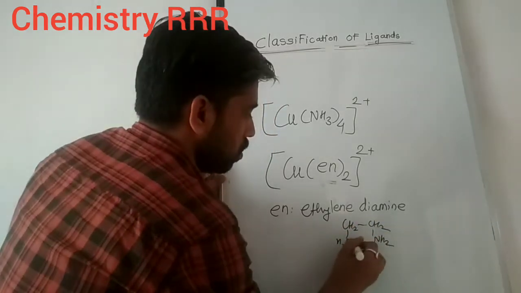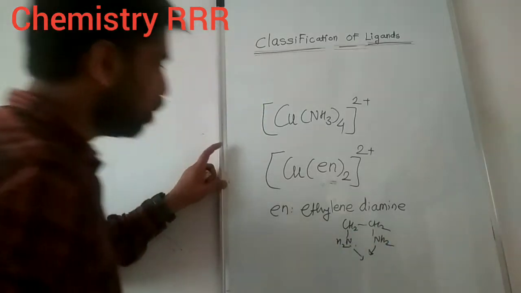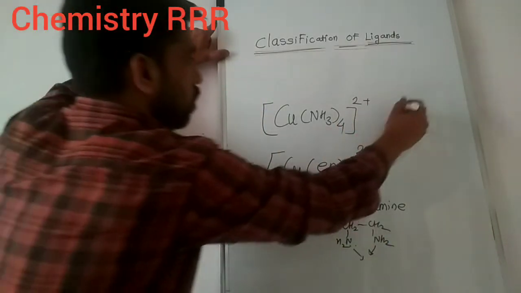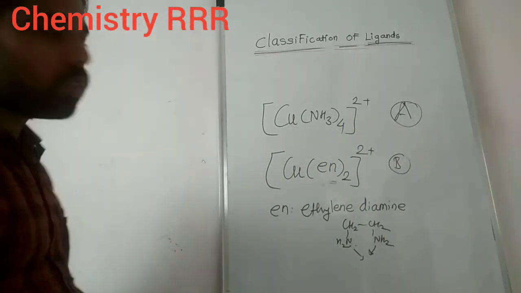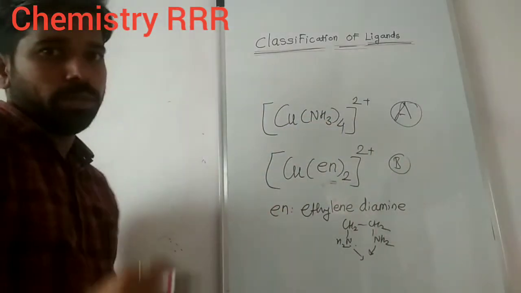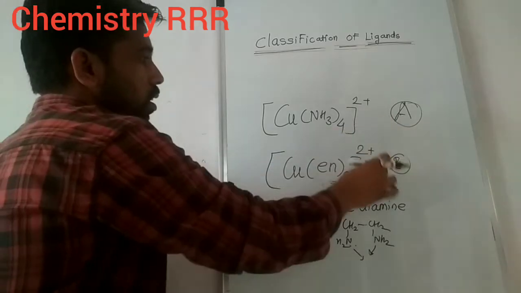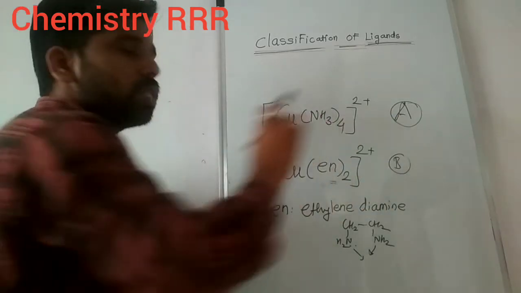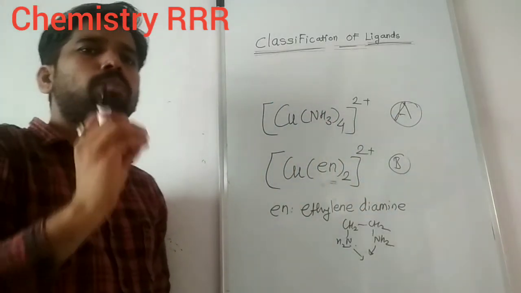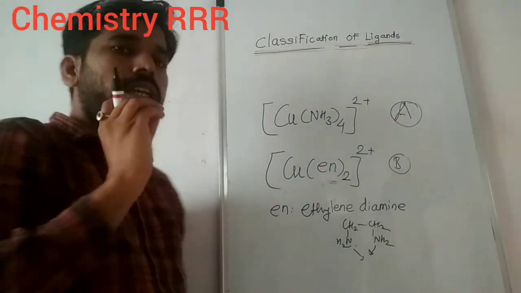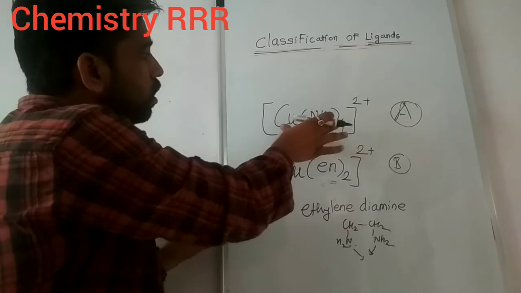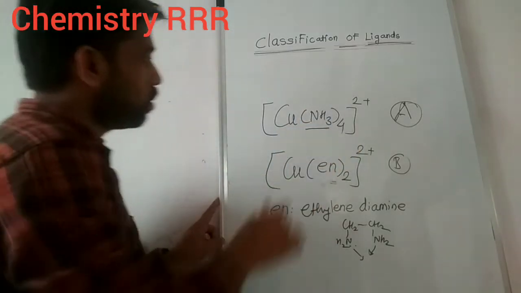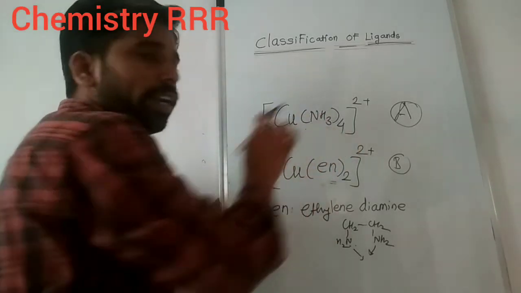Now look towards these two examples, A and B. Which complex is more stable? Either A is more stable or B is more stable. Remember one thing: a chelated complex is more stable than a complex formed by using monodentate ligands.